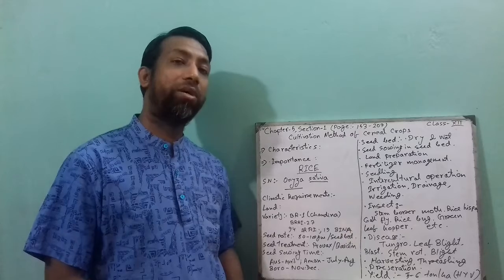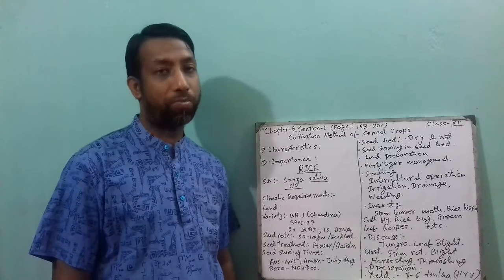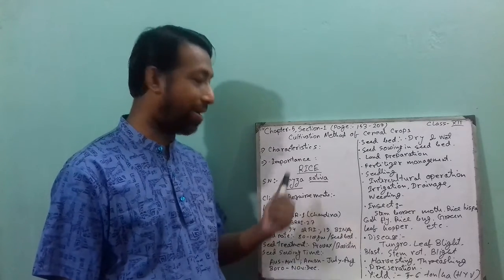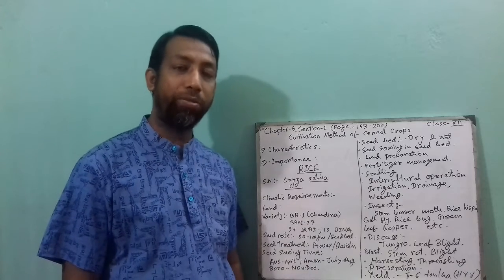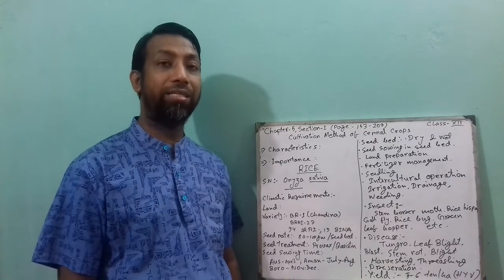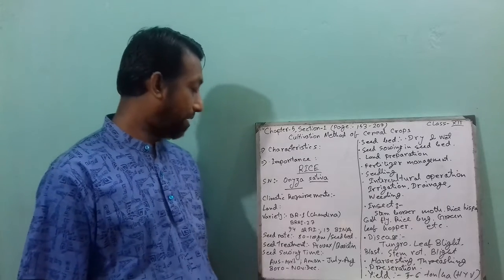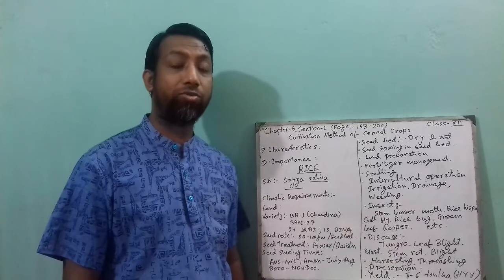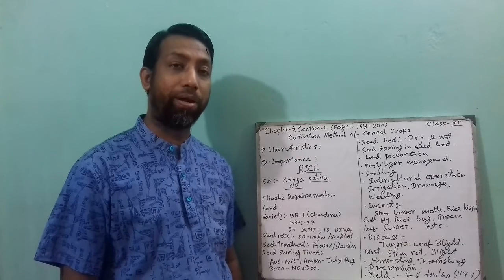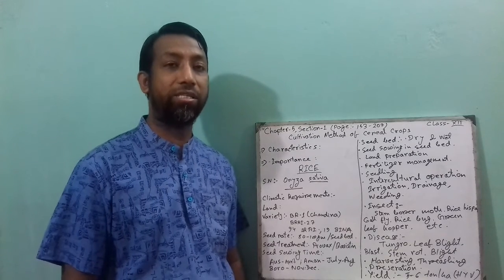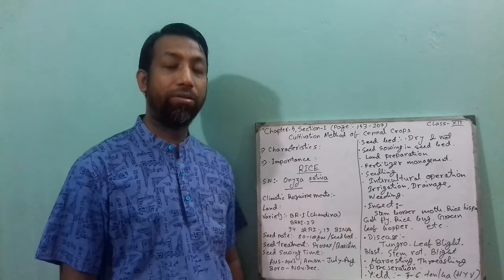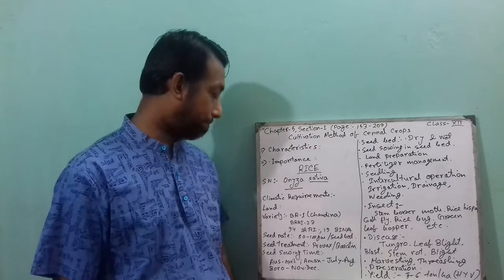We know loamy soil is the best for any type of crop cultivation. Rice can be cultivated in loamy soil, in sandy loam soil, and in clay soil as well. And definitely that soil should have proper irrigation and drainage facilities and good fertility.